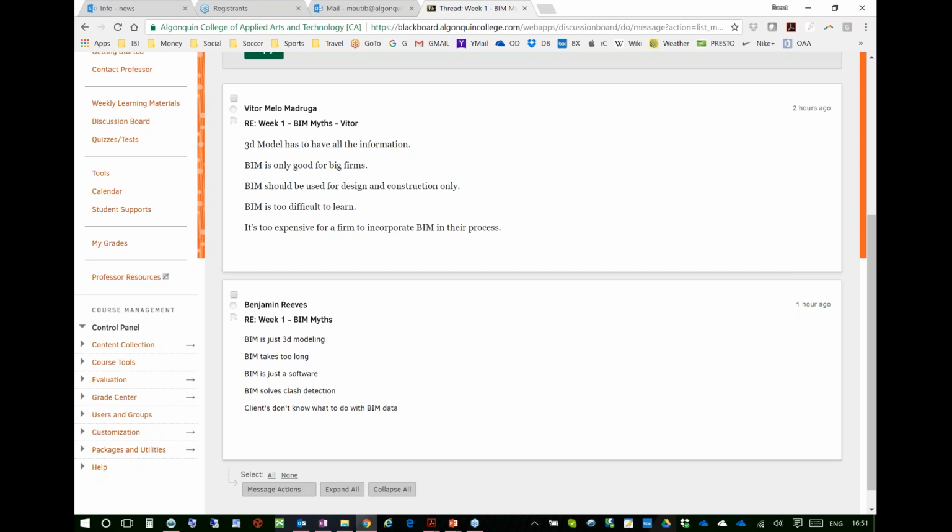Too difficult to learn: a lot of people see BIM as this hairy monster that you have no idea what's going on with, and I had that as well, and it's becoming more clear to me, and it wasn't before. So hopefully I'll be able to help those people change their idea about BIM. And the too expensive to incorporate myth: I think it's not.